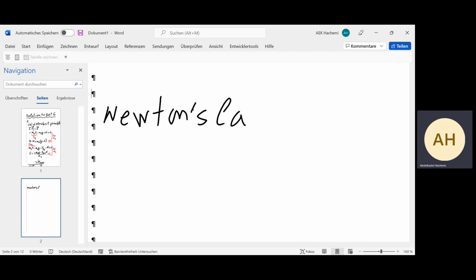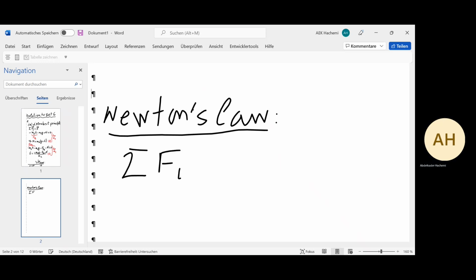Then we set the Newton law. Then we have the sum of the forces, which is equal to the mass multiplied by the acceleration.